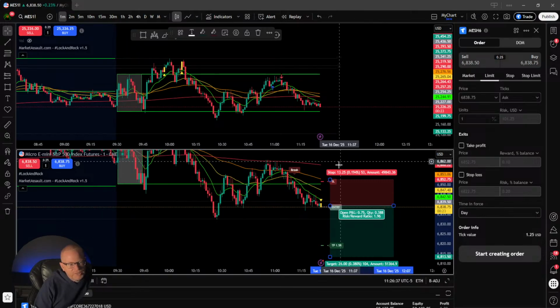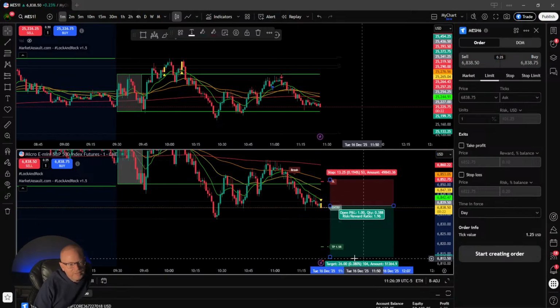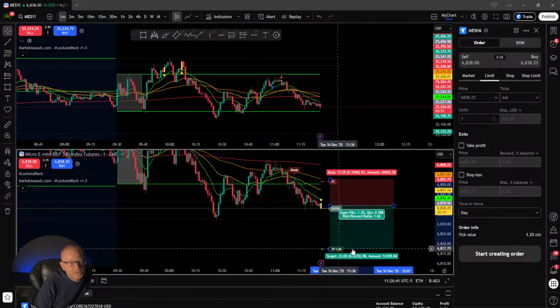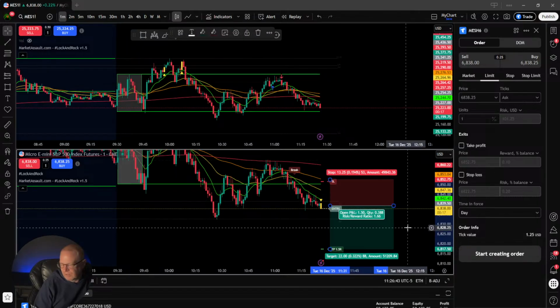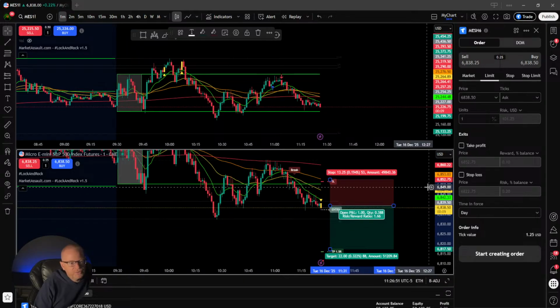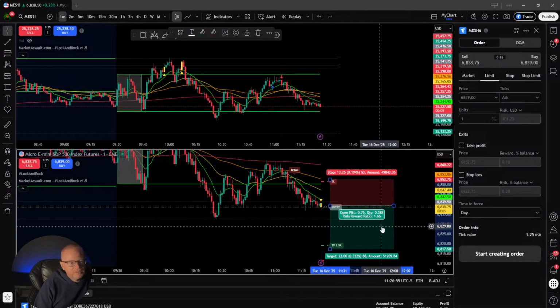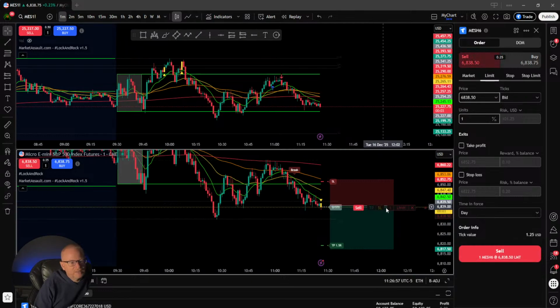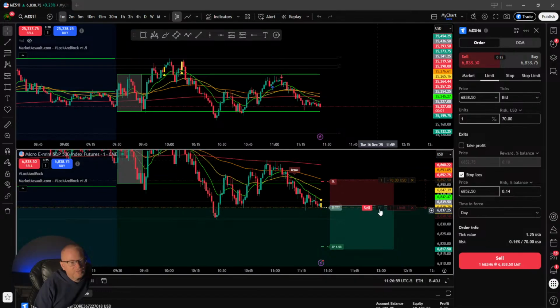Yeah, see how it sets the stop loss there? Oh, cool. Yeah, and it travels with it. Yeah, it's really helpful. Oof. So stop loss, $70.